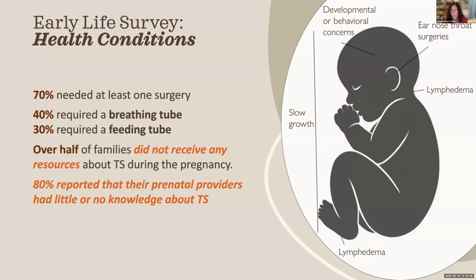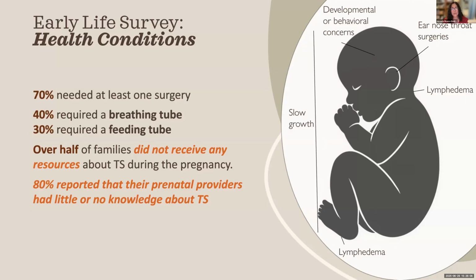A lot of the children had ear, nose, and throat disorders that required surgical interventions, and also indicated developmental or behavioral concerns. So 70% of children required at least one surgery, and these respondents we were asking questions about the first 4 years of life. So 70% of these infants and toddlers required at least one surgical intervention.